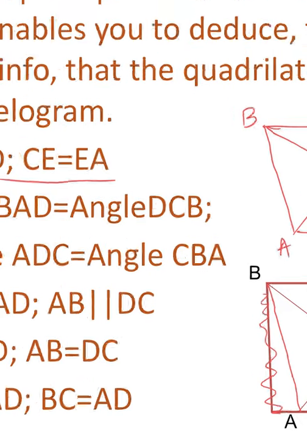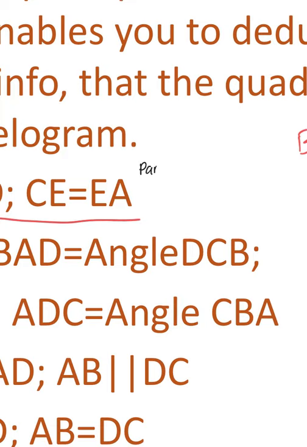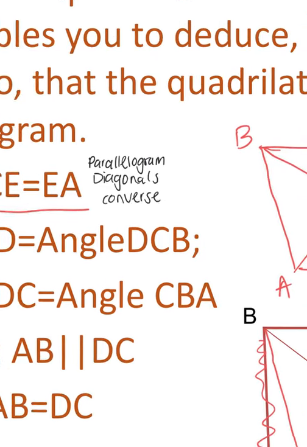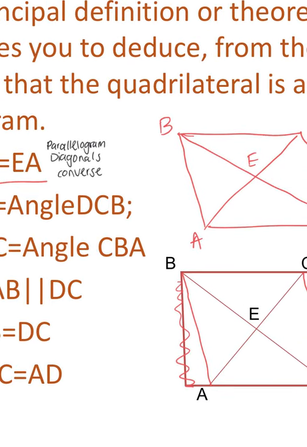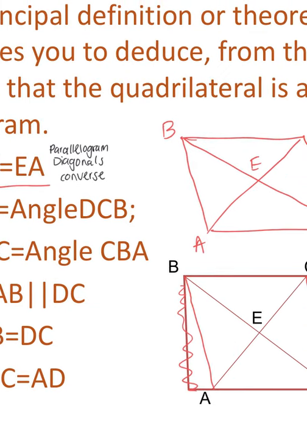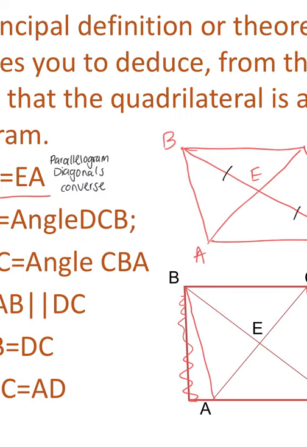Good. It's actually the diagonals converse. But awesome. Why, Teresa? Because it says that BE equals ED and CE equals EA, and those are the diagonals. Good. So this is congruent to this, and this is congruent to this. That's absolutely the right way to word it, okay? If your diagonals bisect each other, that is a parallelogram.